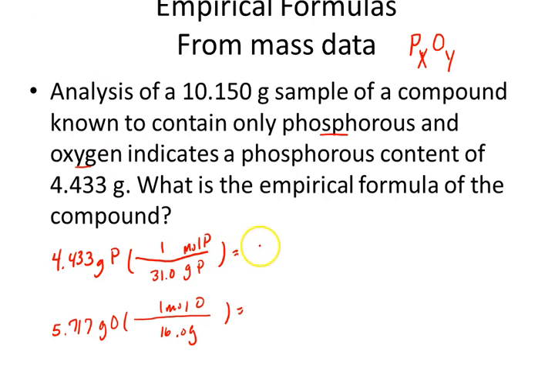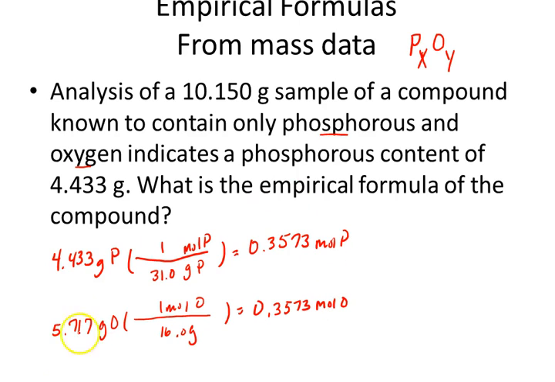Dividing 4.433 by 31 gives 0.357... and for oxygen, 5.717 divided by 16 comes to 0.3573 moles of oxygen.